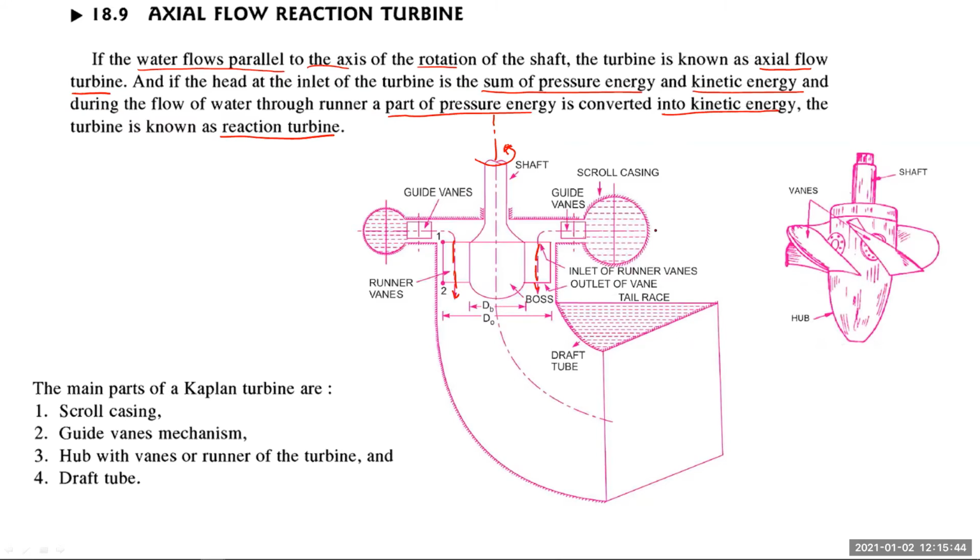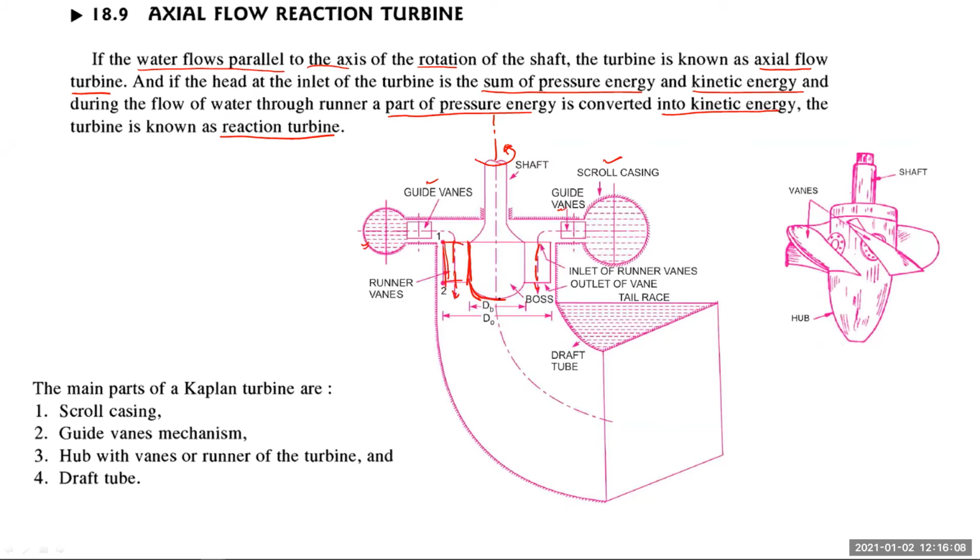So on this diagram, you can see the different components of your axial flow reaction turbine. This is your scroll casing, guide vanes on both sides, scroll casing on both sides. This is your runner vanes. They are mounted on the hub.